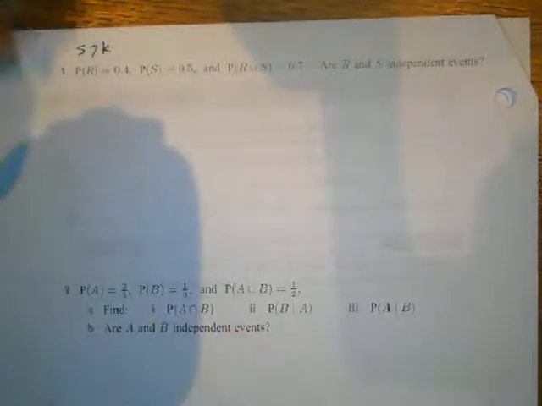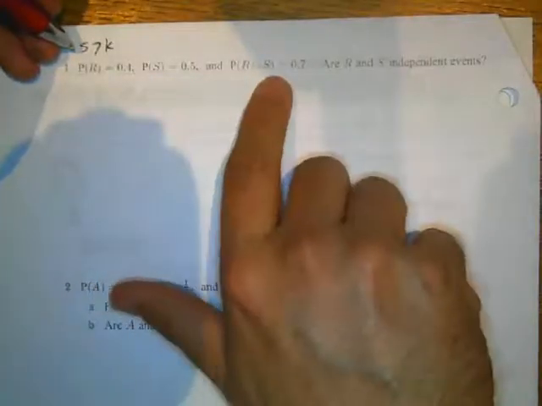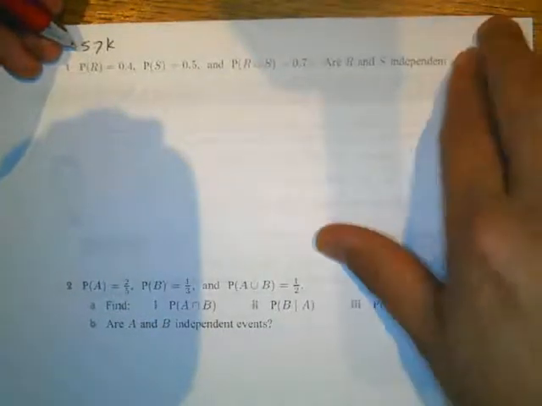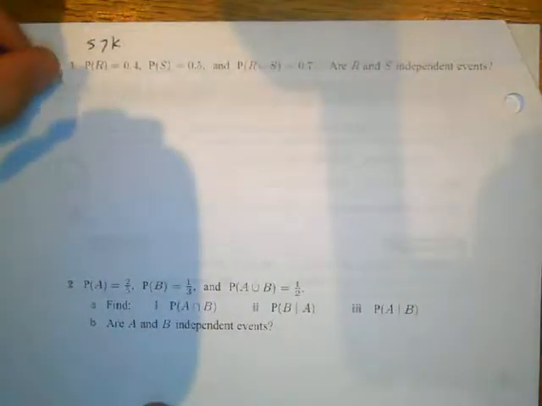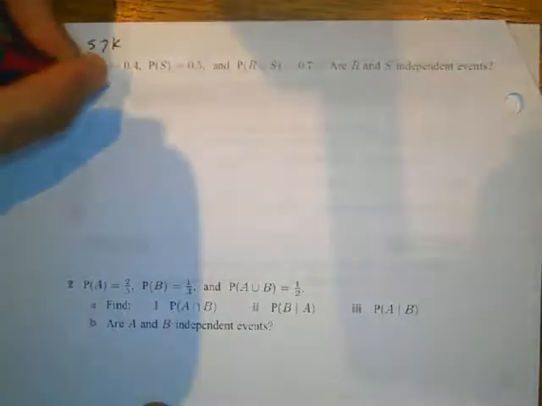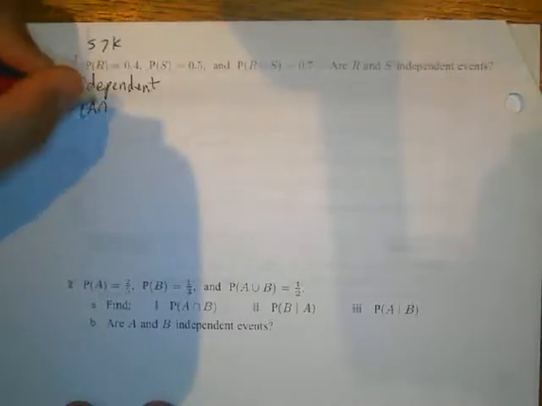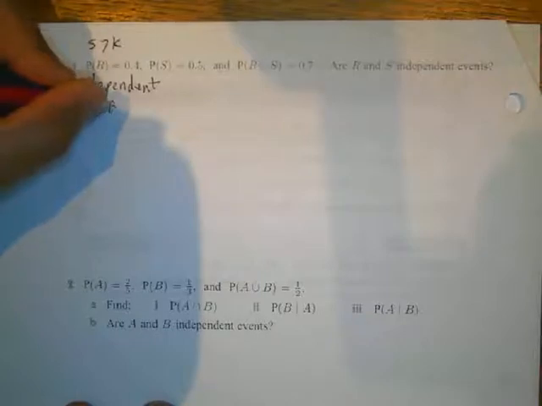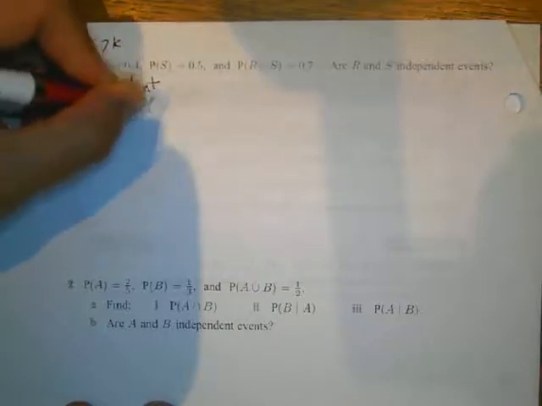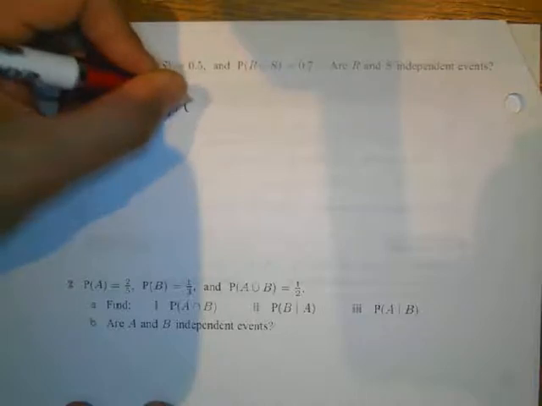All right, page 2 of S7K. So probability of R is this, probability of S is this, and we know the union is 0.7. Are these independent? So to be independent, we know that the intersection of A and B is equal to the probability of A times the probability of B, right?